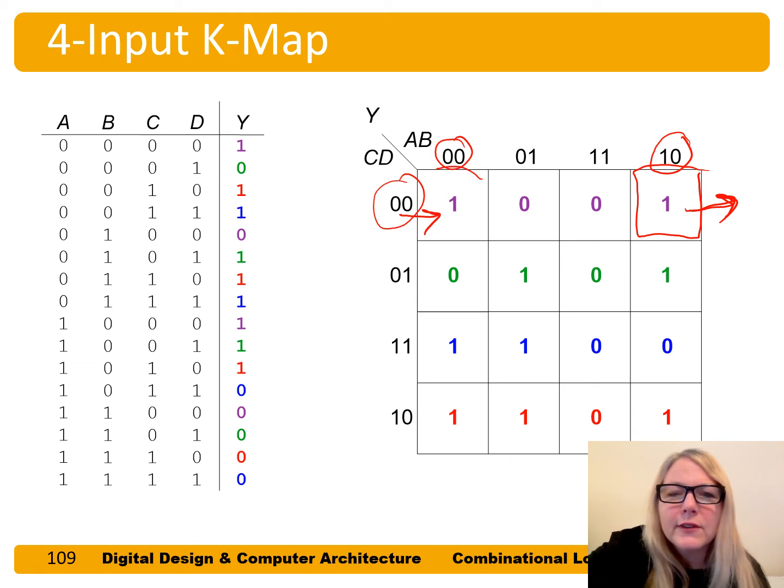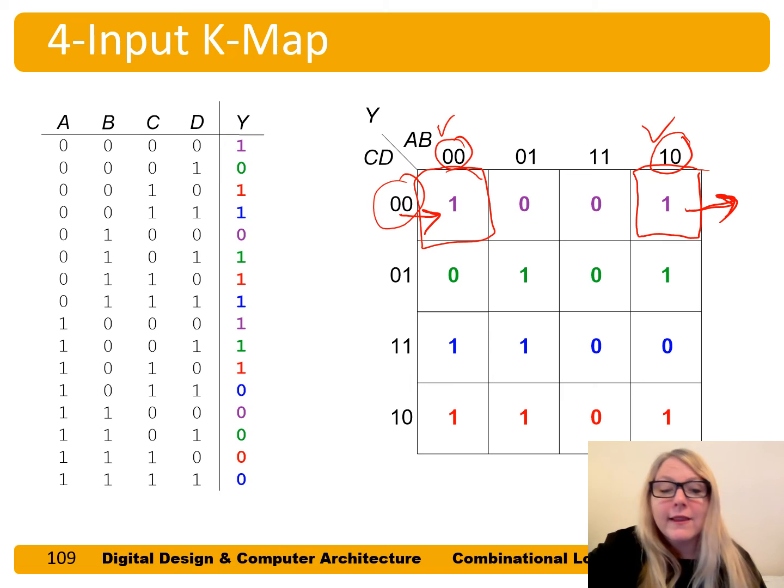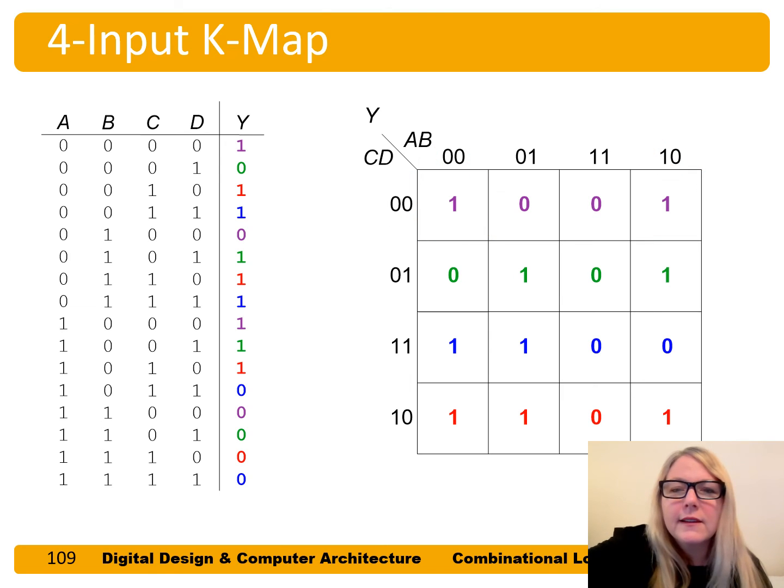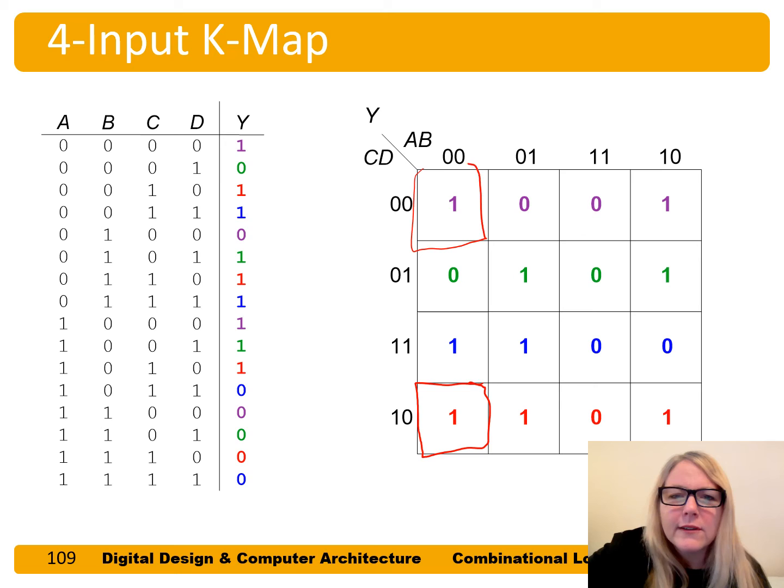And so these 2 boxes actually only differ in A. So they are adjacent in that we can combine them, right? And so, same thing as top to bottom. So here we have our 0, 0, 1, 0 box, and here we have our 0, 0, 0, 0 box. These 2 boxes only differ in C. And so we could combine those boxes as well.